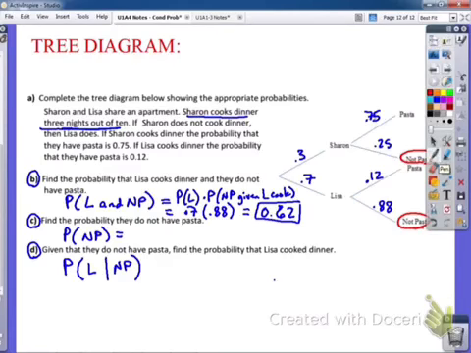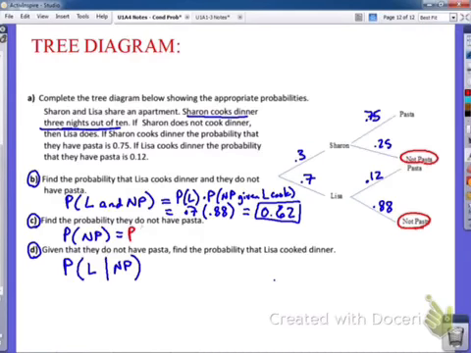So the probability of them not having pasta is the probability of Lisa cooking and not having pasta plus the probability of Sharon cooking and them not having pasta.